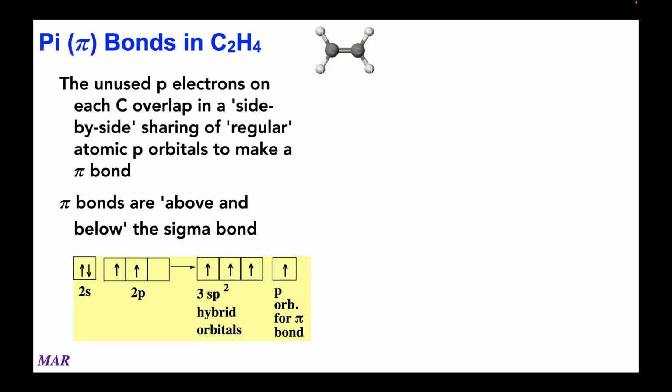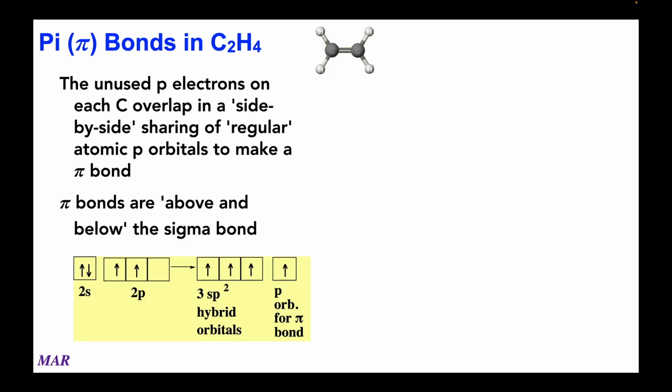But notice how there's one unused orbital left, and that's an unused 2p orbital. And the 2p orbital on one carbon can combine with the 2p orbital on a second carbon to create a wild pi bond.